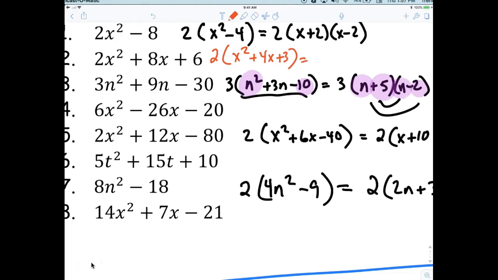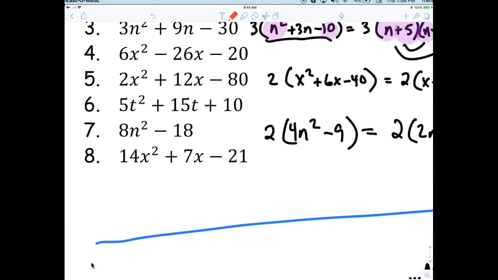Now, we should be very good at this stage. You should be able to look at that and tell me the answer: 2 in parentheses, x plus 1, x plus 3. Good job. Okay?